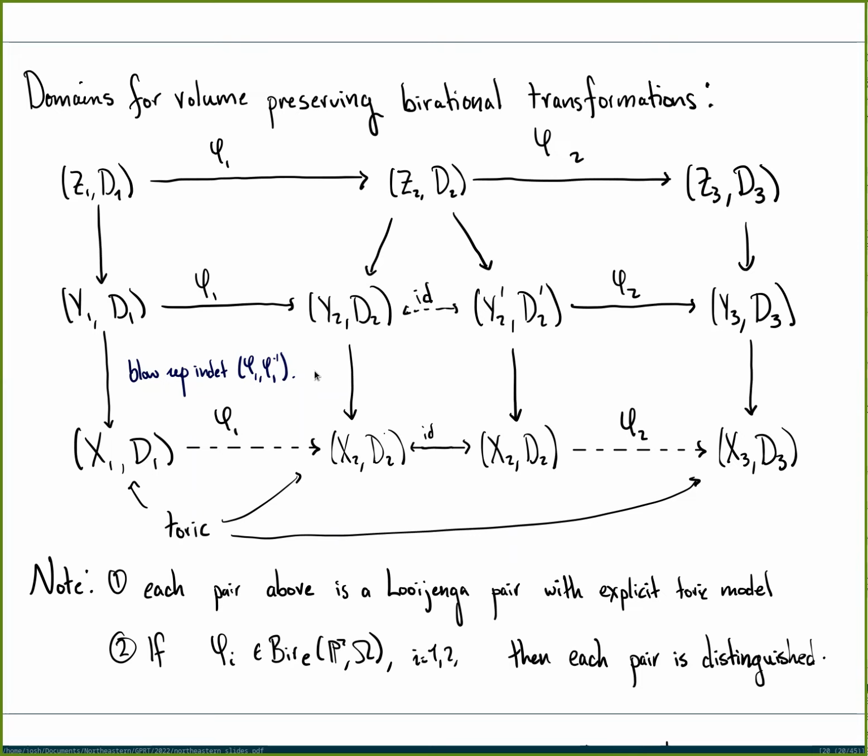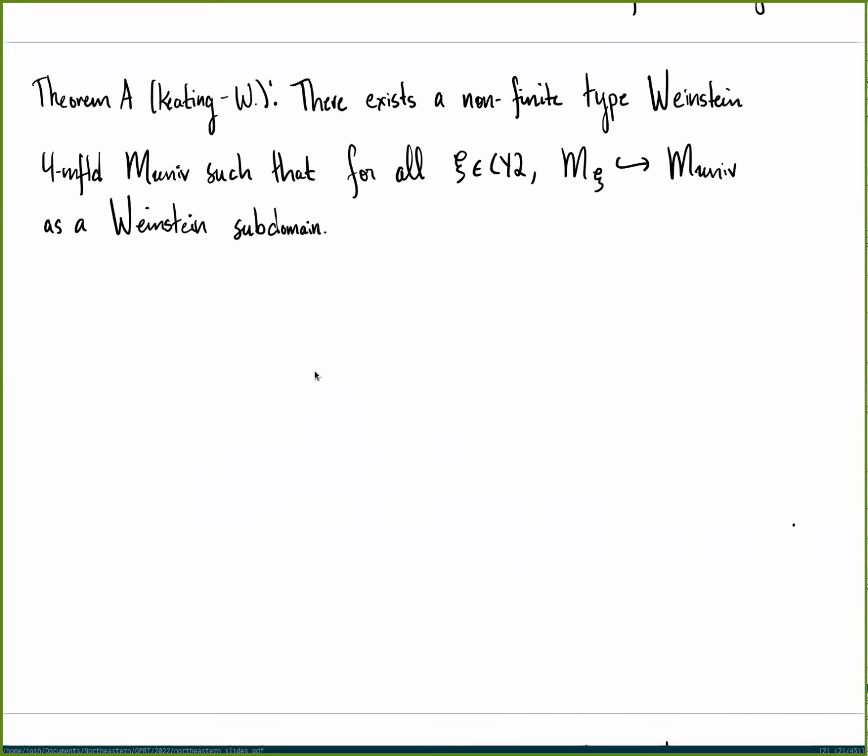Okay, so let me get to the statement of the theorem, and I'll tell you what everything in this theorem is. The theorem that we prove is that there exists a non-finite type Weinstein 4-manifold, M universal, such that, first of all, all of the mirrors you constructed, via this mirror correspondence, sit inside this M universal as a subdomain.